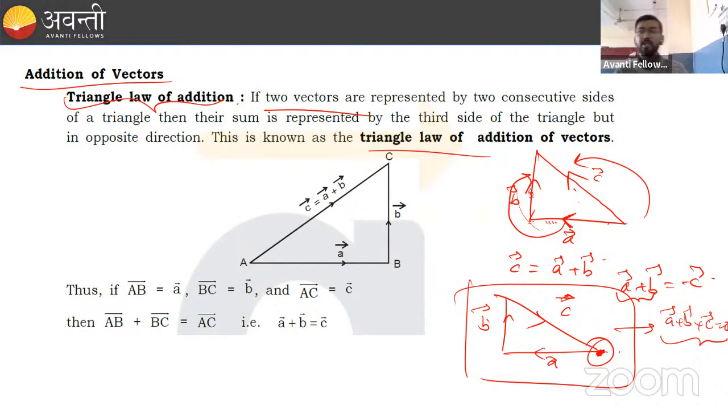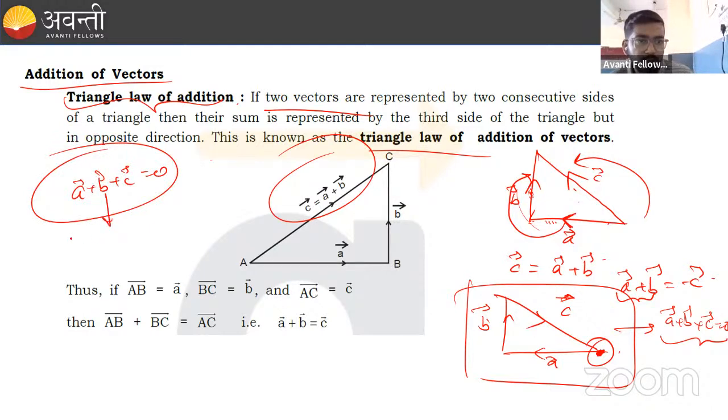So you can interpret two things from the triangle law of addition. First, c bar is a bar plus b bar, and second, a bar plus b bar plus c bar is 0 when all the vectors are added in the same direction.